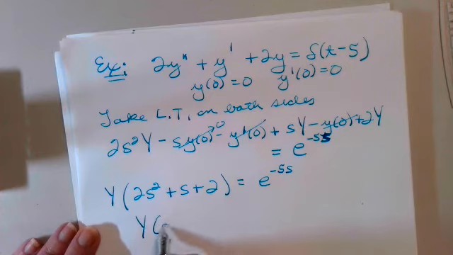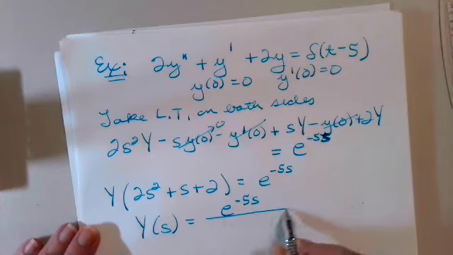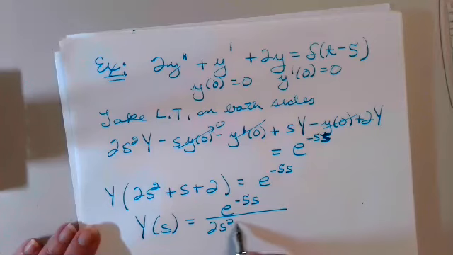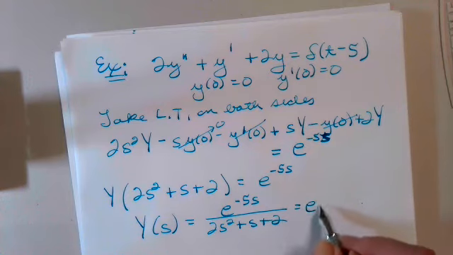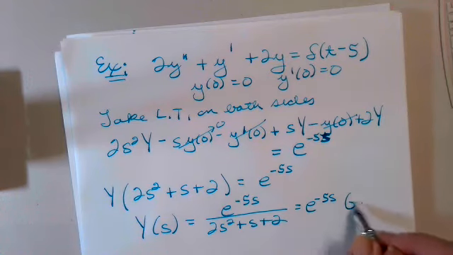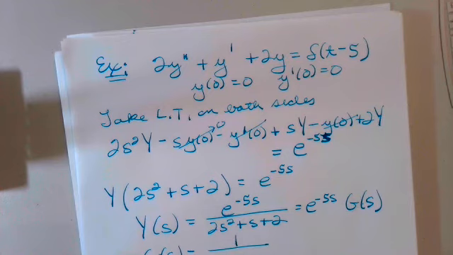So Y of s is e to the minus 5s over 2s squared plus s plus 2. Let's think of this as e to the minus 5s times G of s. So G of s is 1 over 2s squared plus s plus 2.